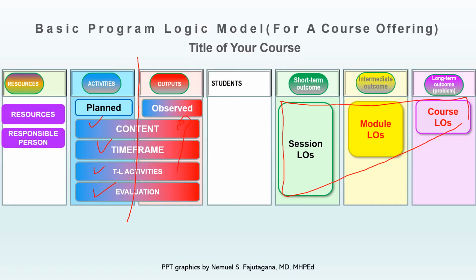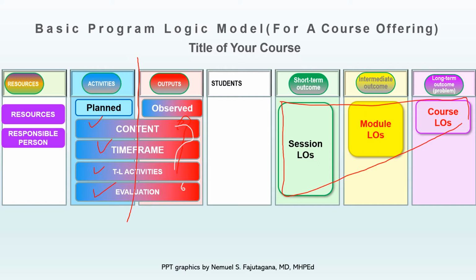And in your outputs, what are the results? Were you able to cover the content that you intended to cover? Were you able to run it according to the time frame that you planned? Were you able to implement all the teaching learning activities that you planned to implement? And were you able to conduct all the evaluation programs that you want to use in the context of the course?